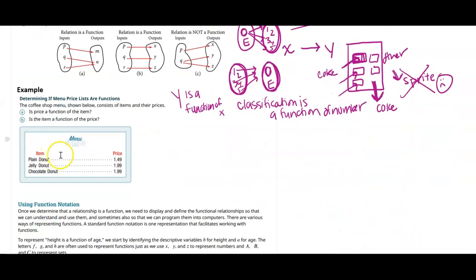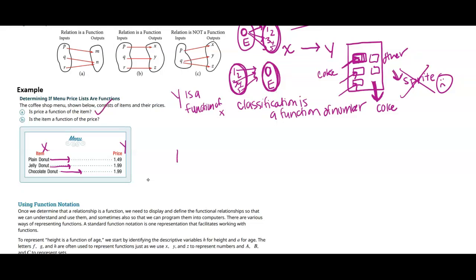All right, let's look at a price menu. Is price a function of time? If I call these my x's or my domains and these my y's, is it true that x only maps to one price? And that is true. Yes.